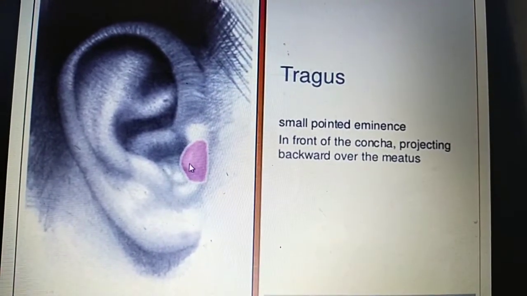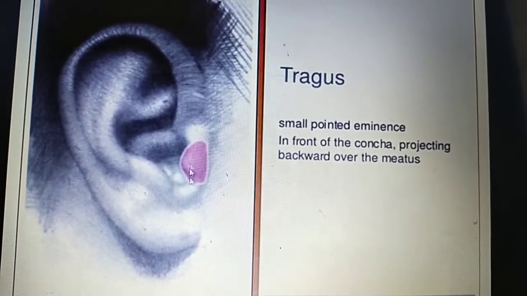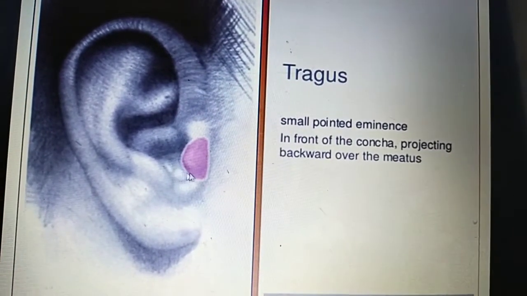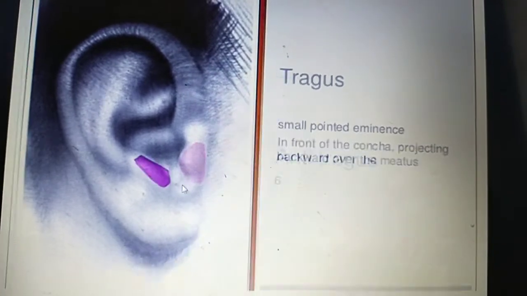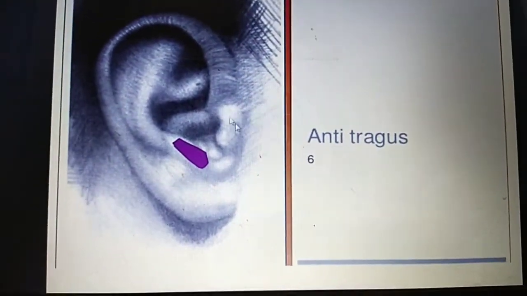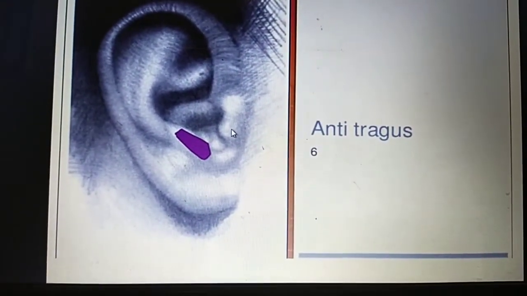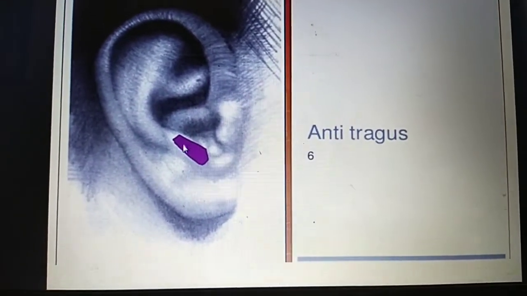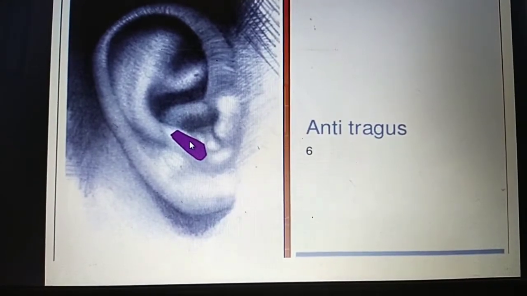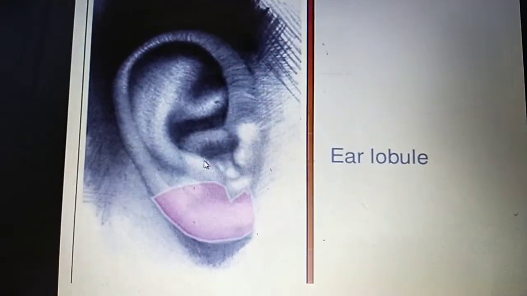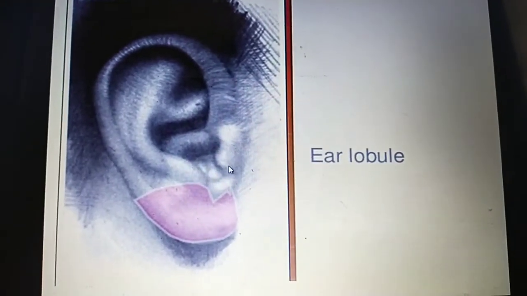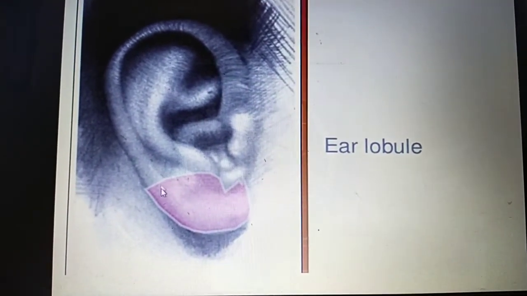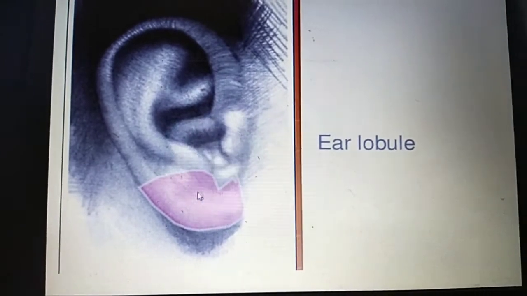Now the antitragus: another projection, opposite to the tragus, is called the antitragus. Now the ear lobule: this is the part of the lobule, the ear lobule.